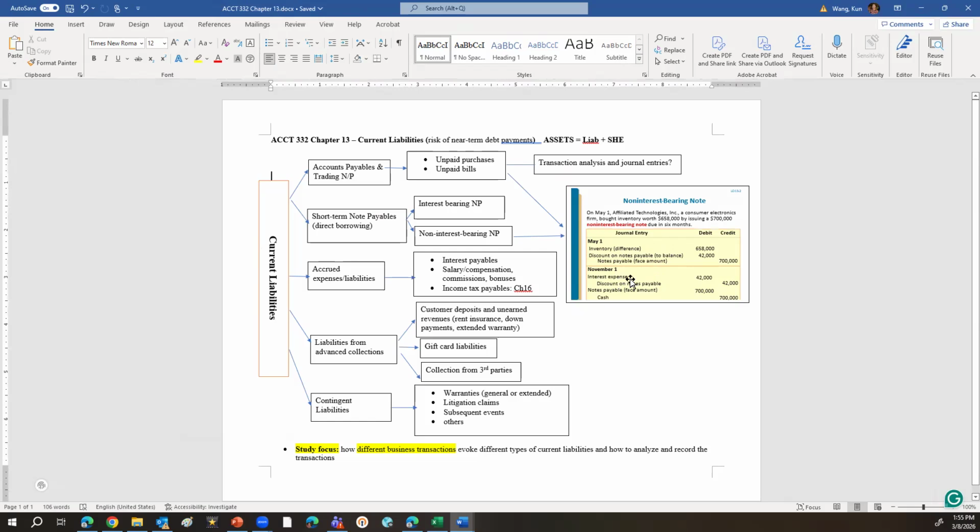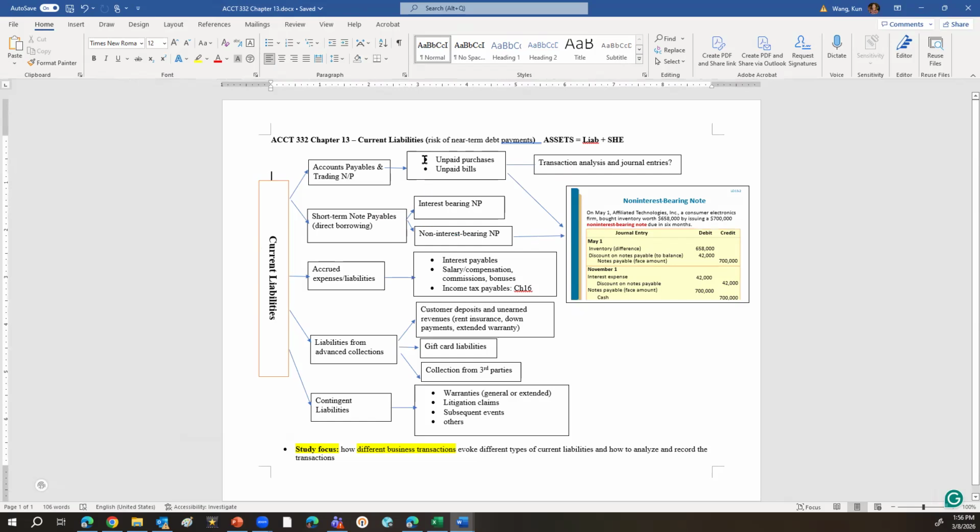By the maturity time, we convert all of the discount into interest expense and then make a payment for the face value of the note. So that is debit notes payable and credit cash. That's the transaction analysis and the journal entry related to the notes payable for the non-interest bearing case.